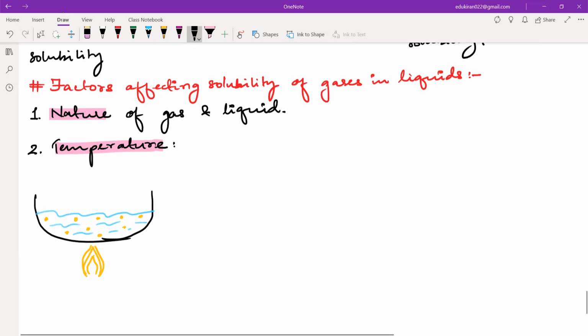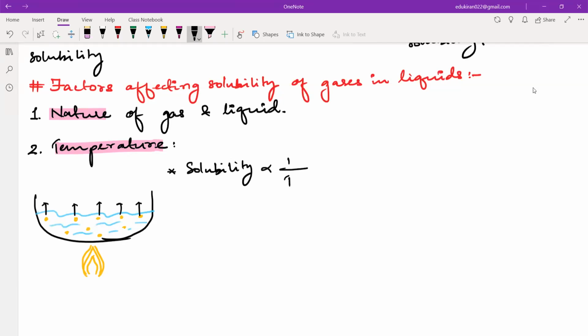Will they evaporate? What do you think? They will all run away, right? These gas particles will be wanting to leave out anyway. So they will all leave out. That means we can say that solubility, but this is only for the gases, is inversely proportional to temperature.